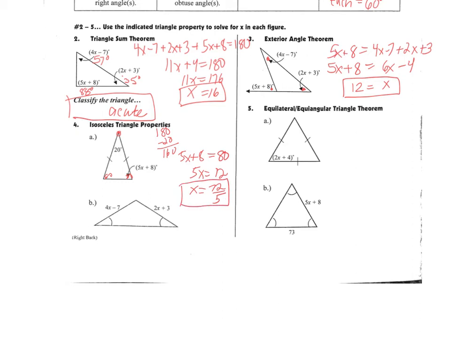If we look at the next one here, part B, we can see that we have our base angles, so this side is congruent to this side. We can set up the equation 4x minus 7 is equal to 2x plus 3, and then solve that equation to get x equals 5.